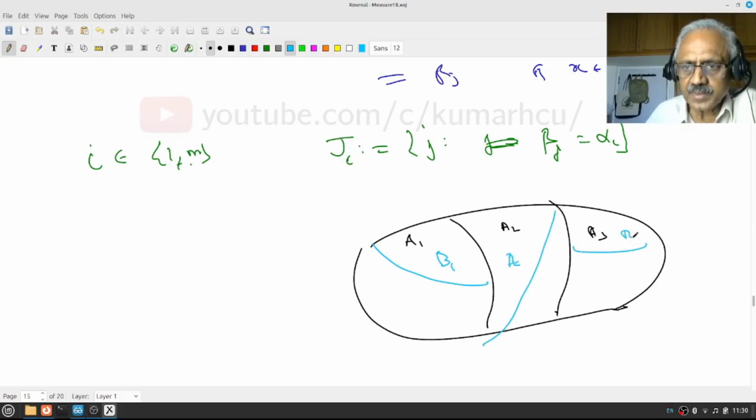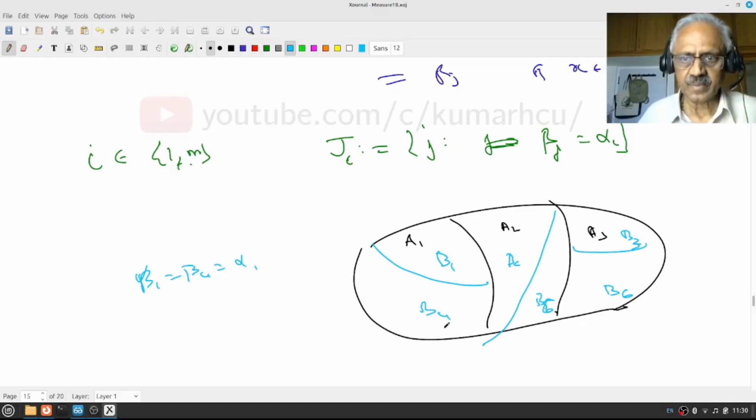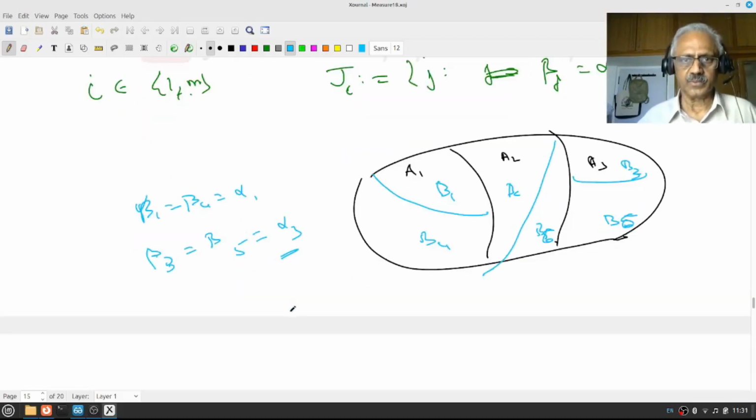This may be my B3, and B4, B5, B6, or maybe so. Then what does it mean? β1 equal to β4 equal to α1, and so on. Whereas here β3 and β5, equal to α3, and so on. Do you understand that?